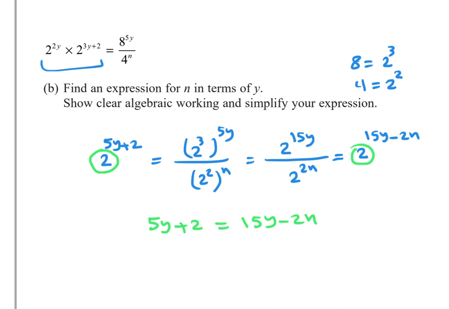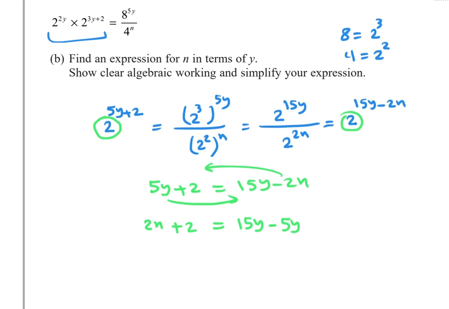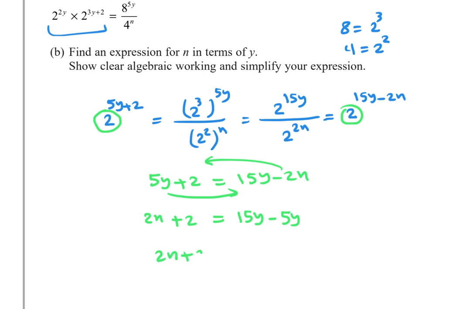We need n as a subject, so transpose negative 2n to the other side by positive, so 2n, and 5y to the other side by negative, so 2n plus 2 equals 15y minus 5y. So 2n plus 2 equals 10y.